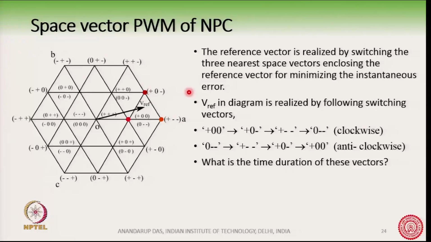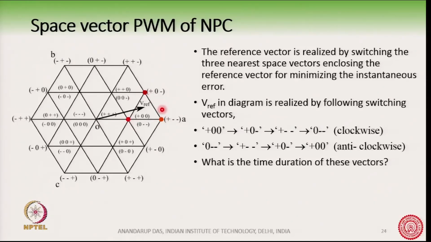So, when we switch these vectors, we go by this switching sequence, either this one or this one. Suppose we go from plus 0 0 and then we can go to plus 0 minus, we can go to plus minus minus and 0 minus minus.